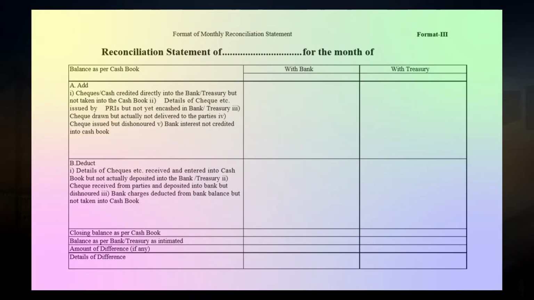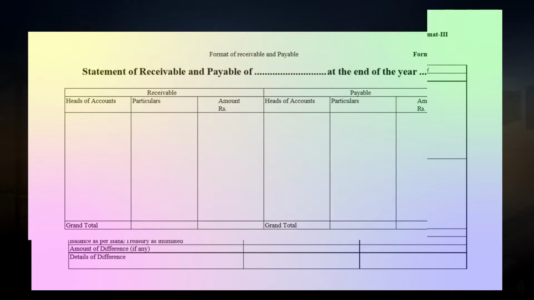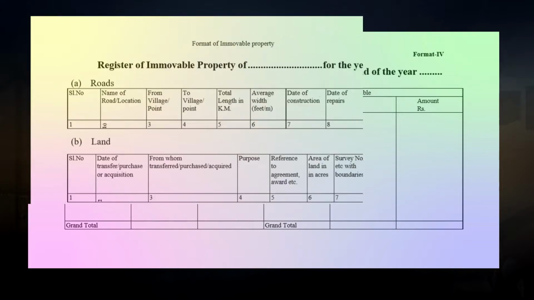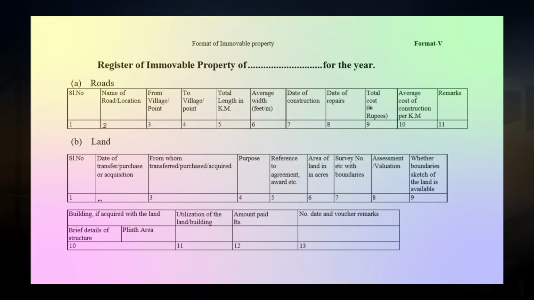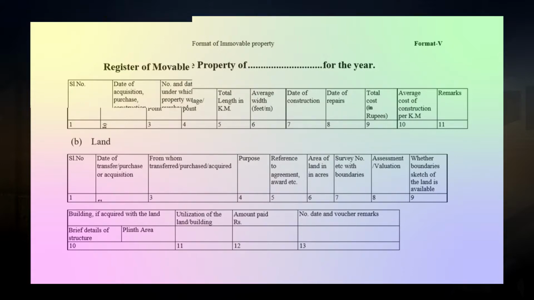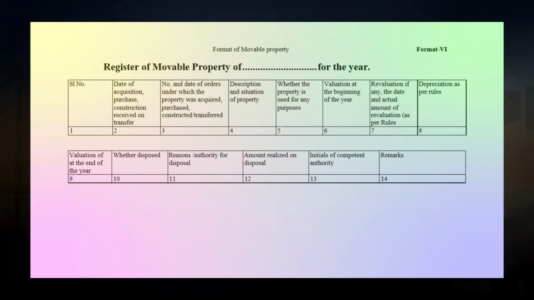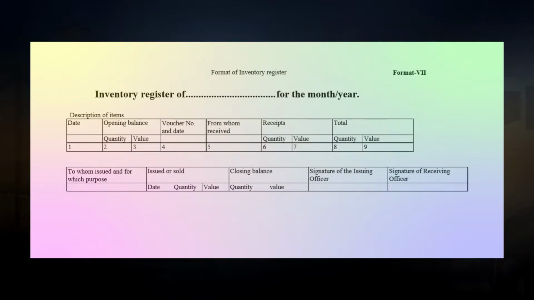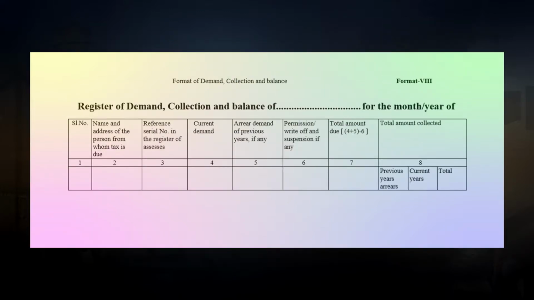Format 3, reconciliation statement with bank and treasury. Format 4, statement of receivable and payable. Format 5, register of immovable property. Format 6, register of movable property. Format 7, inventory register. Format 8, register of demand, collection and balance.